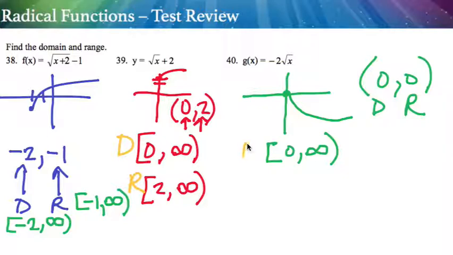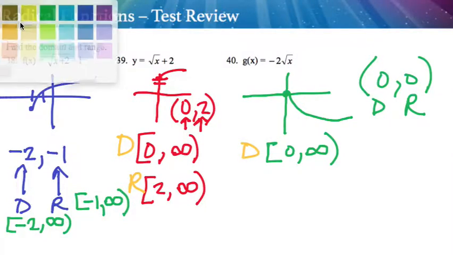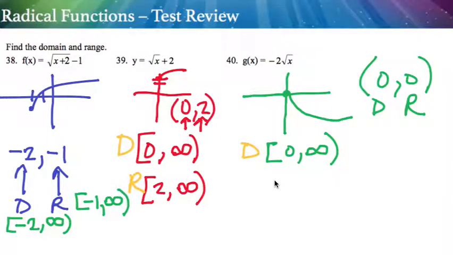Okay, so that's your domain. All right, range is a little bit different. Range is going from the bottom, which means I'm coming up from -infinity, traveling up, and I'm going to stop at 0. Okay, which means that this range actually looked a little bit different. But anyhow, we have completed the last 3 problems, which are domain and range.